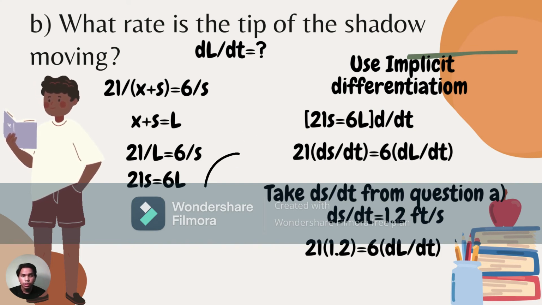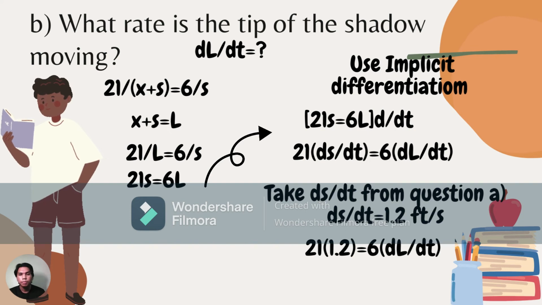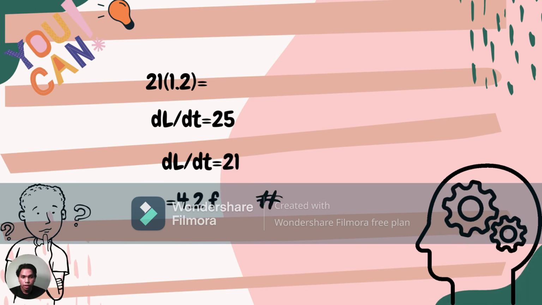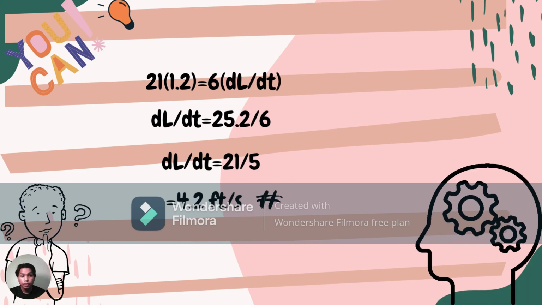As we already got ds over dt from the previous question, ds over dt equals 1.2 feet per second. We can substitute it into the equation: 21 times 1.2 equals 6 dl over dt. From this point, we can get dl over dt.